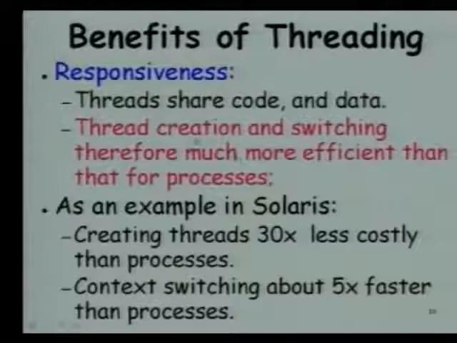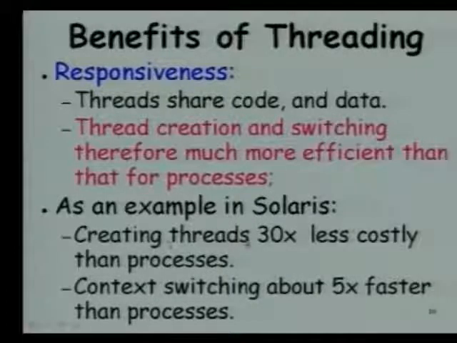So, these are the benefits of threading. One is responsiveness. As we were just discussing, threads share code and data, and as a result thread creation and switching among threads is much more efficient than creating a process or switching among processes. For example, in Solaris the data is available.